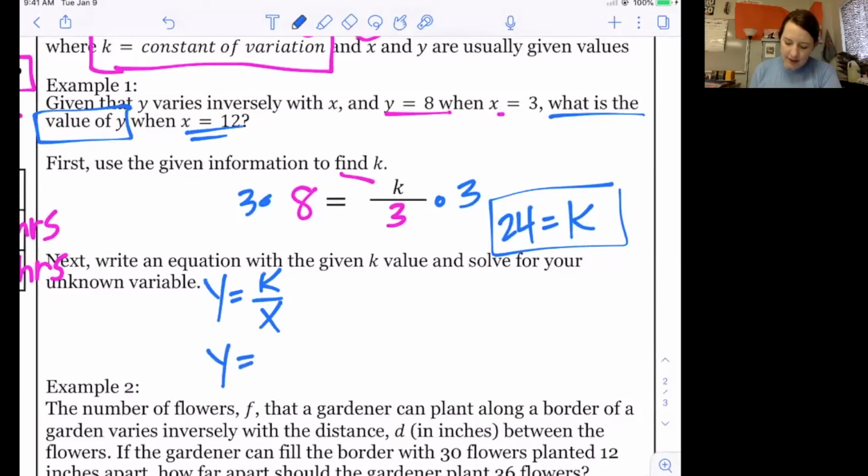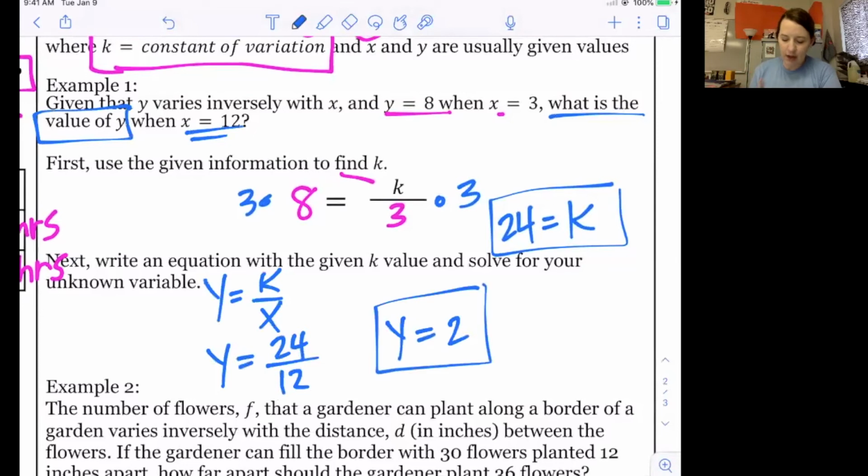I know my constant is 24 now, and I want to know the y value when x is 12. So I would do 24 divided by 12 and find out that when x is 12, y is 2. So this right here would answer the question that was asked. But I first had to figure out what my constant was before I could find that y value. So we just had 2 little simple equations that we solved.